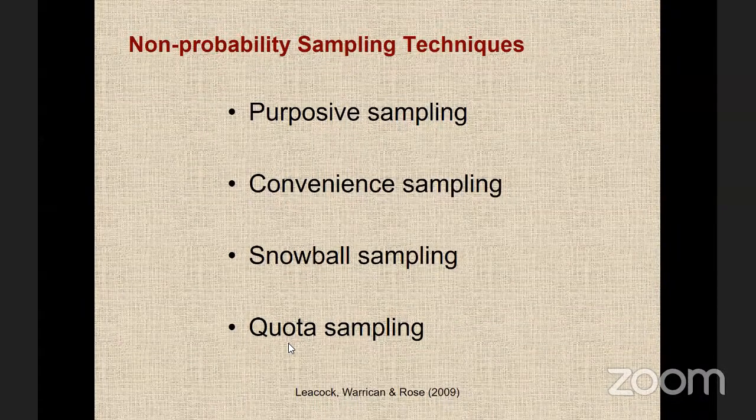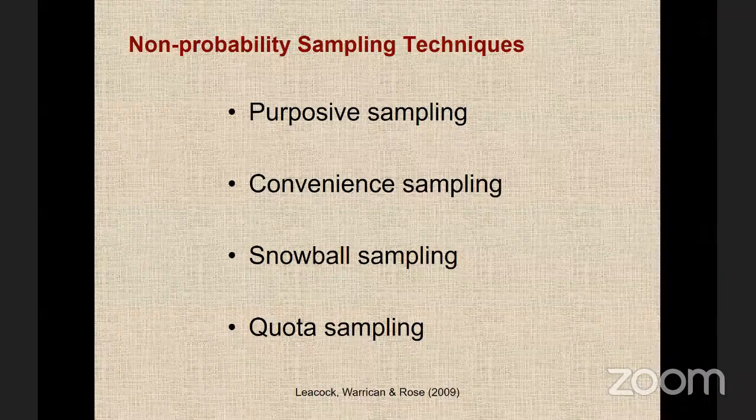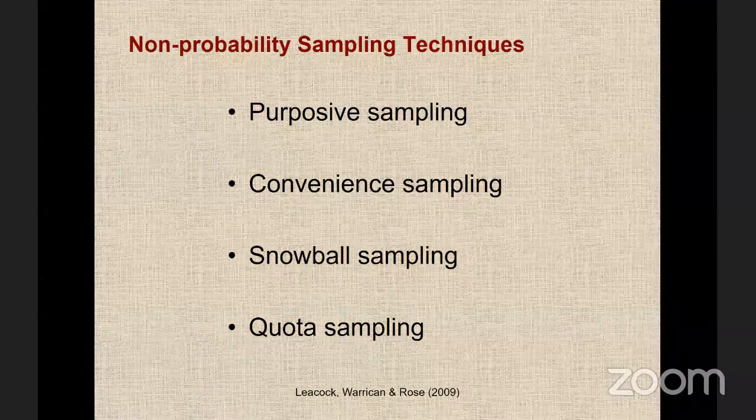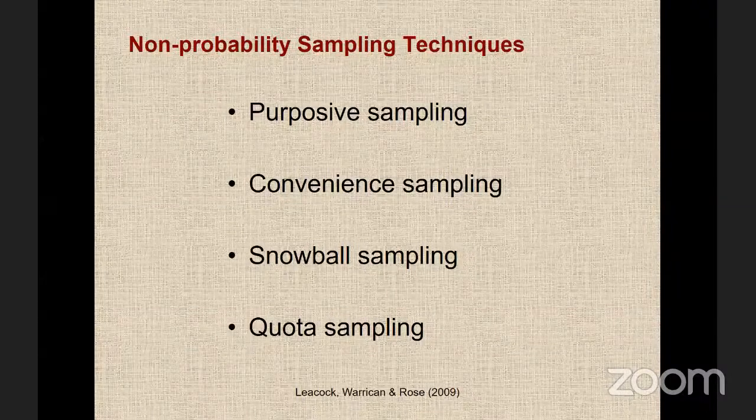So like at UTech, maybe engineering is 80% male, and so you quota sample. You're going to get maybe 50 engineering students, and you say you want 40 males and 10 females, because it will be difficult to do it by convenience.